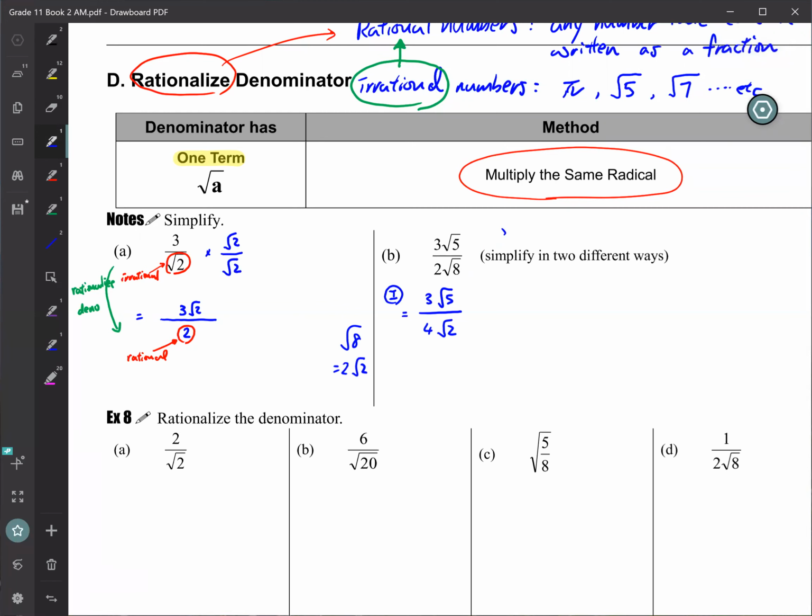Now, what do we do next? And then you multiply top and bottom by root 2. Yeah, you only need to multiply the irrational number. 4 is rational, right? So you don't need to touch that. So just multiply the part that has irrational.